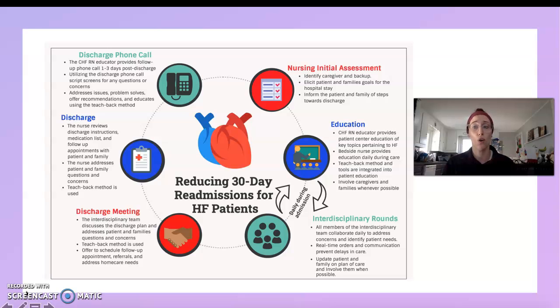Here, the team can go over the patient's discharge plan and address any questions or concerns the patient and family has. At the time of scheduling of the discharge meeting, the nurse will administer the Be Prepared to Go Home booklet and checklist, which the family can read through, or the bedside nurse or RN/CHF educator can go through with them.